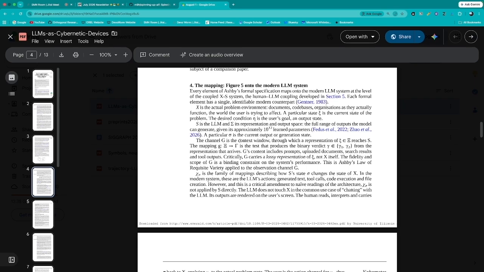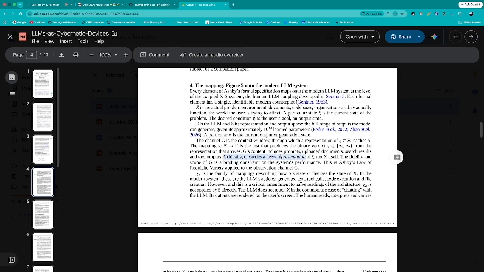So the channel G is the context, in this case the context window through which a representation reaches S. The mapping small g to these symbols is the test that produces the binary verdict, which is the threshold from the representation that arrives. G's context includes prompts, uploaded documents, search results, and tool outputs.